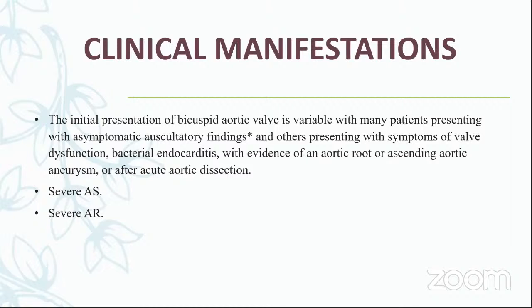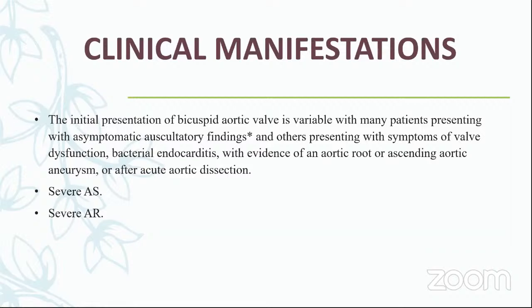The clinical findings of bicuspid aortic valve depend on the function of the valve and the presence of associated lesions. The initial presentation of the bicuspid aortic valve is variable, with many patients presenting with asymptomatic auscultatory findings, in which the functionally normal bicuspid aortic valve can produce an ejection murmur or a click.